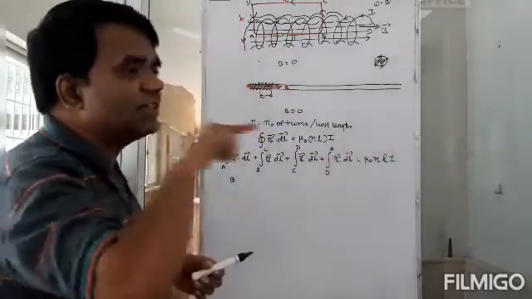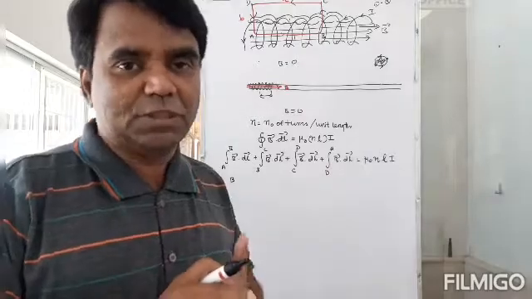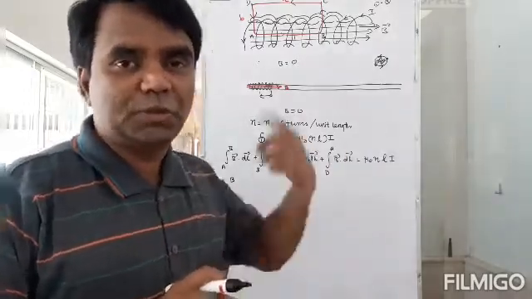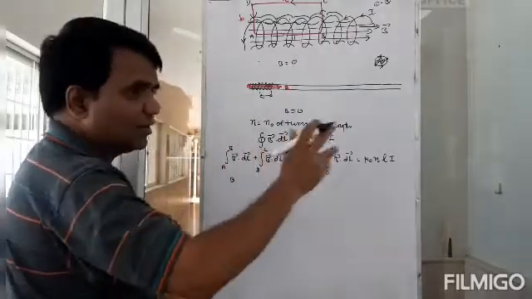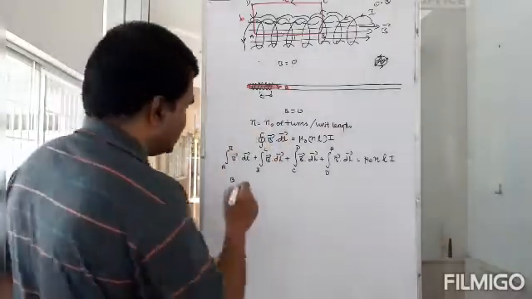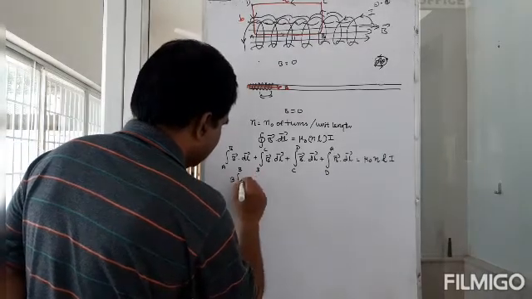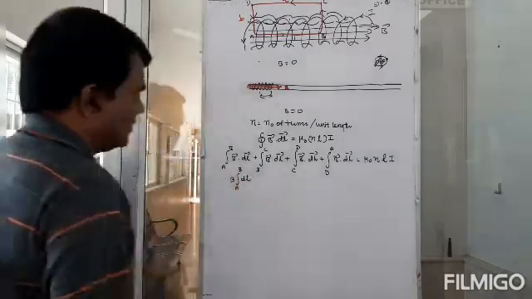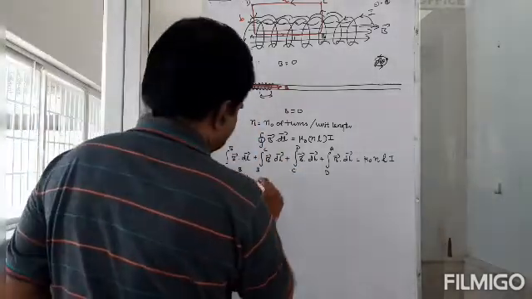So B and dl will have an angle of 0 between them. So cos 0 will be 1. So it's simply B dl into 1, which gives me B times the integral from A to B of dl. Cos theta will be 1. That is done.